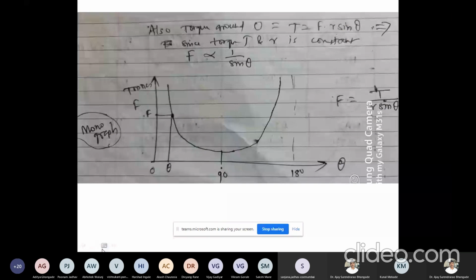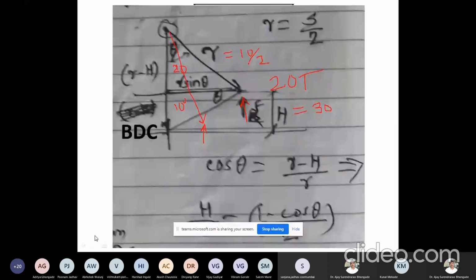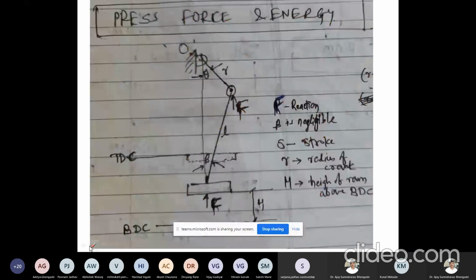So let us talk about the energy. We had talked about the press force, and that is over. Now let us talk about the energy part.